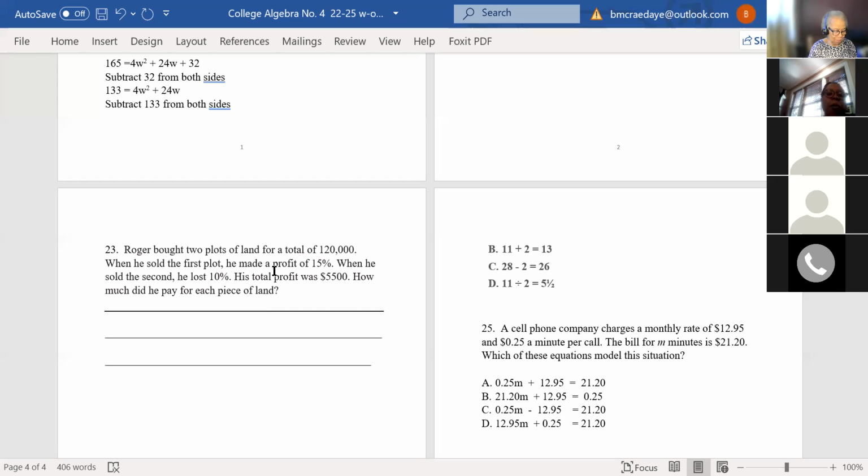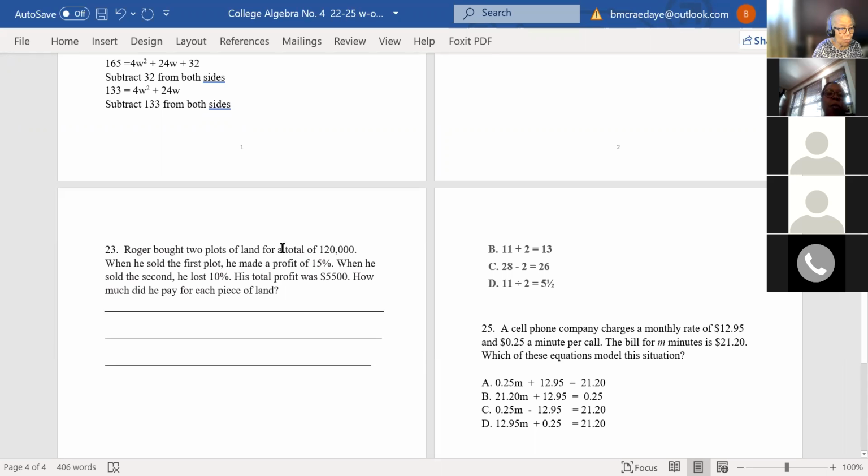Audrey, how would you solve this one? What I started to do was divide the 120,000 by 2. I'm not sure if it was right. Well, no, you can't, because you don't know.